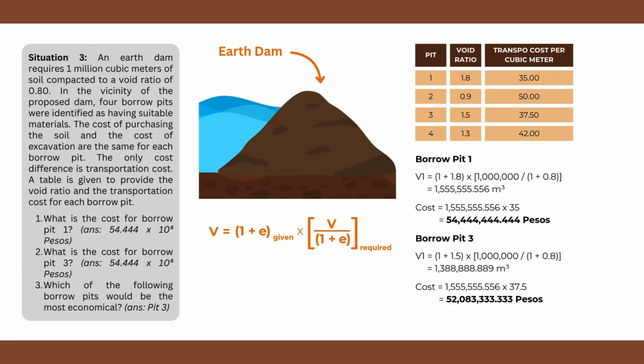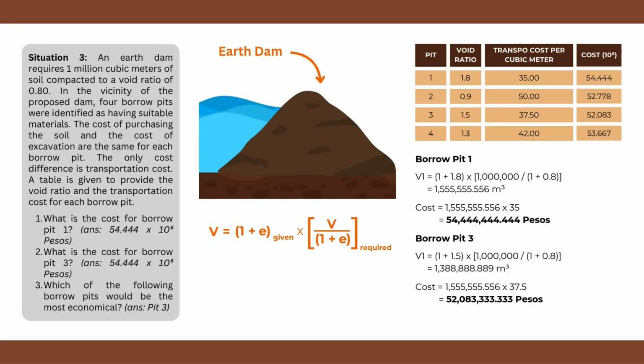Para naman sa last question, pag sinabing economical, ina-ask lang niya kung alin sa mga borrow pit yung makakapagbigay ng pinakamurang transportation cost. So technically, need nyo pa rin talaga isolve yung costing ng bawat borrow pits. And since alam nyo na yung method na gagamitin, I'll just let you guys solve for borrow pits 2 and 4 na lang on your own.